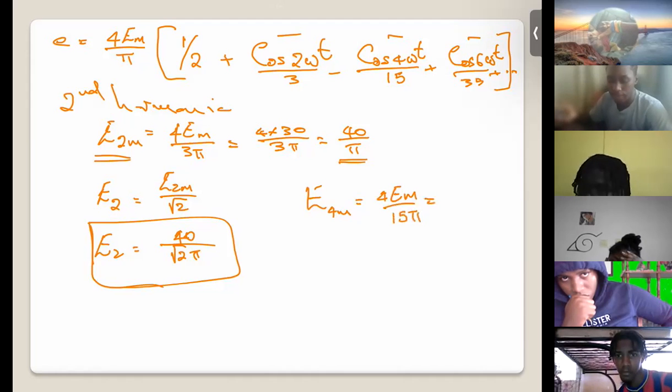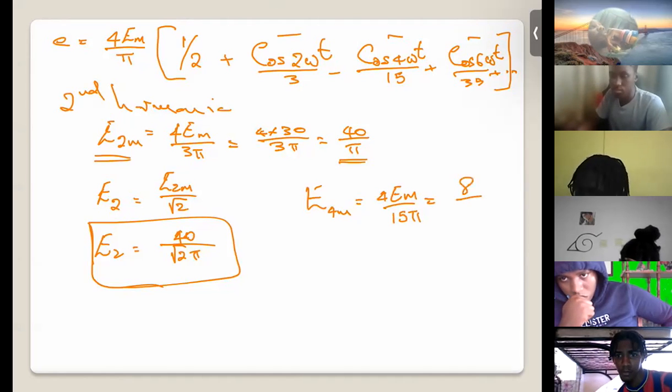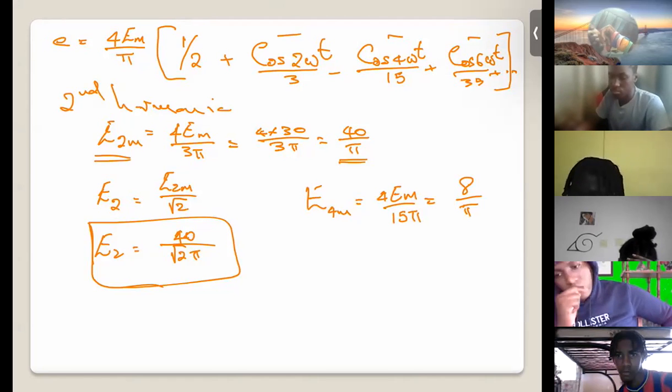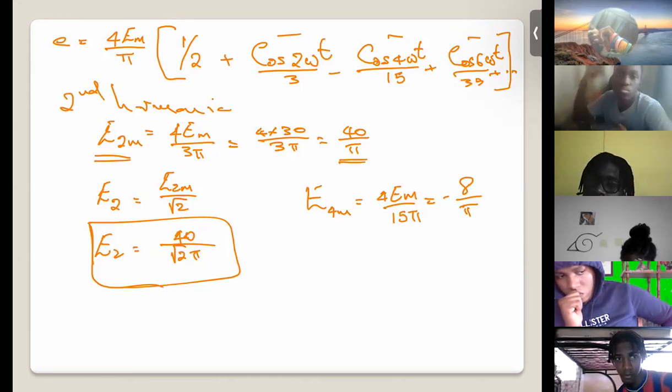And what is EM? 30. So that's 8 over pi, right? Yes, sir. Good. Now, I know that we have a minus sign there, and if you included it, I'm not going to worry too much about it. One thing you will realize is that the minus will not impact your final solution.